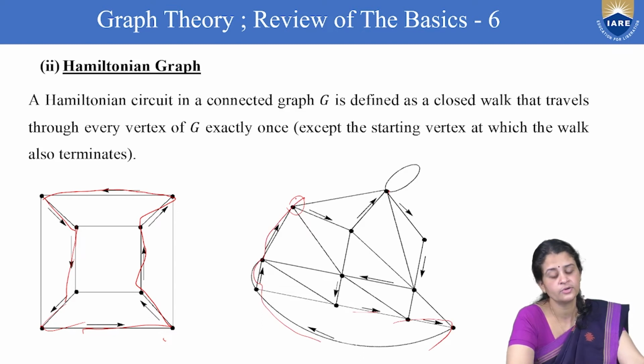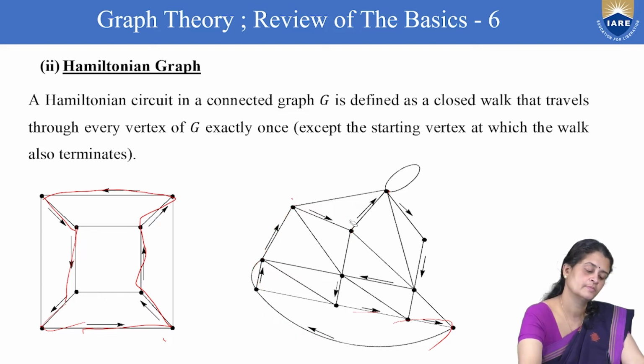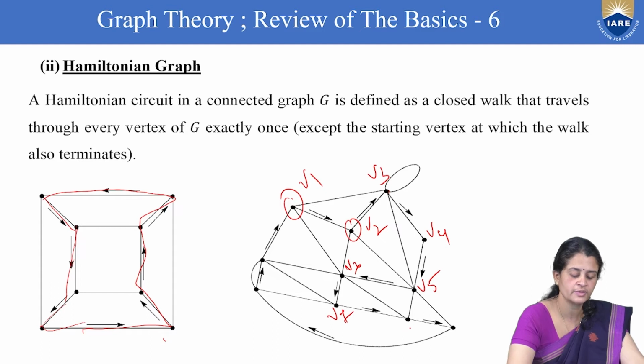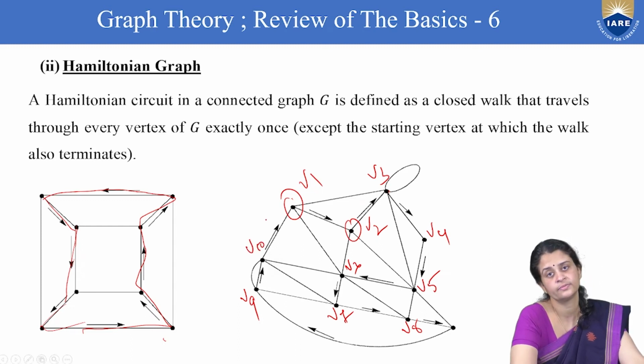Consider this vertex V1. From V1, I come to V2, then V3, then V4, then V5, from V5 to V6, from V6 to V7, from V7 to V8, from V8 to V9, then V10, and from V10 back to V1.